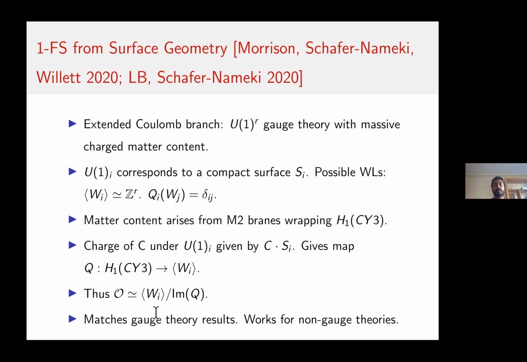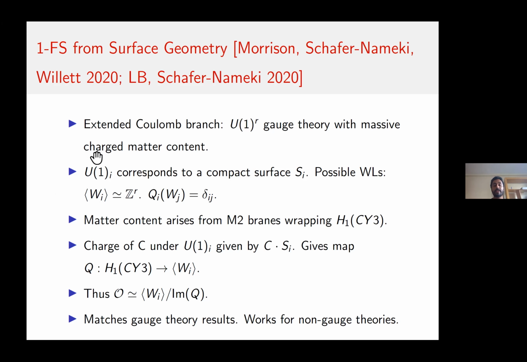And one such alternate approach is provided by surface geometries. So recall that compactifying F-theory on a surface geometry constructs the extended Coulomb branch, where in the IR we have an abelian gauge theory of rank R with some massive charged matter content. Each U(1)_i inside this U(1)^R corresponds to a compact surface in the geometry.